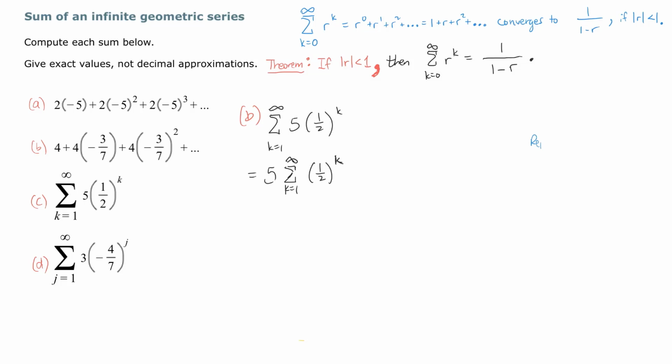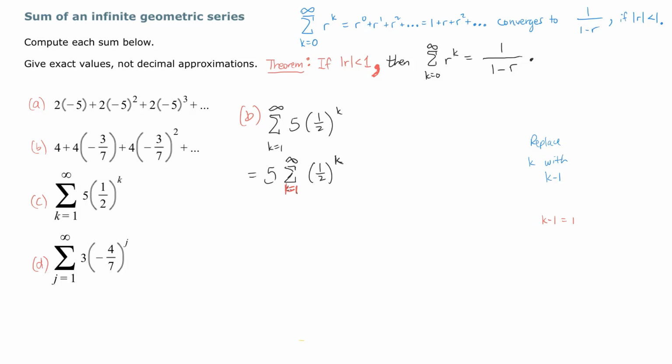We're going to replace k with k minus 1. Yeah, that's going to do it. So if you replace k with k minus 1, what happens to this equation here? You get k minus 1 is now equal to 1. Oh, excuse me.